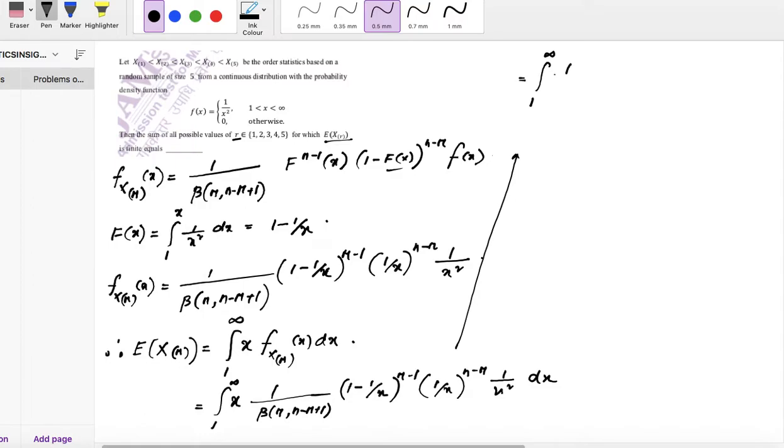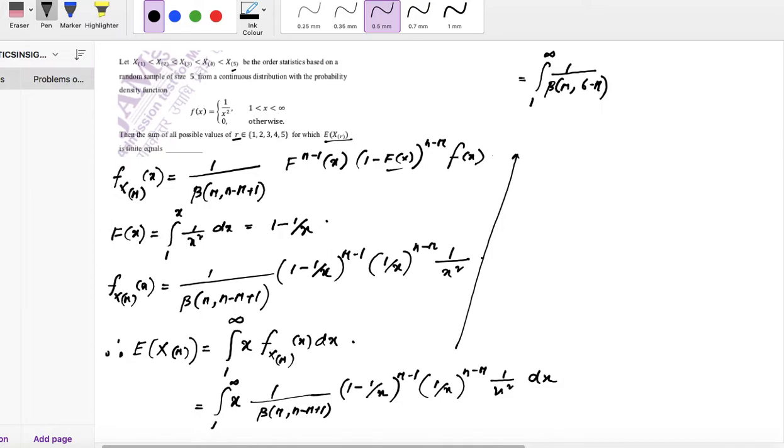What we will get: 1 by beta r. What is n here? The n is 5. Okay, 5 plus 1, 6, and 6 minus r.